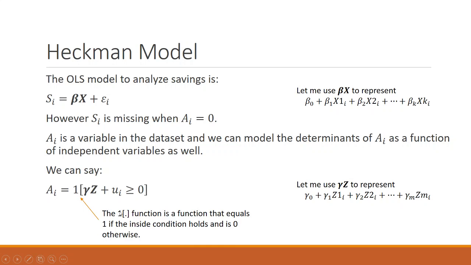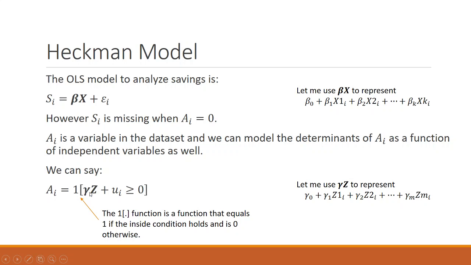Here's the notation. If I have 1 and then brackets, that's a function that equals 1 if the inside condition holds, and 0 if the inside condition doesn't hold. So A equals 1 if this inside condition holds, and 0 if it doesn't. This inside condition is a linear function of independent variables.